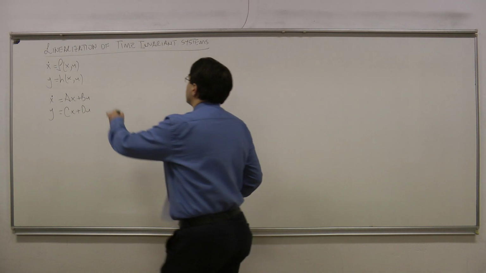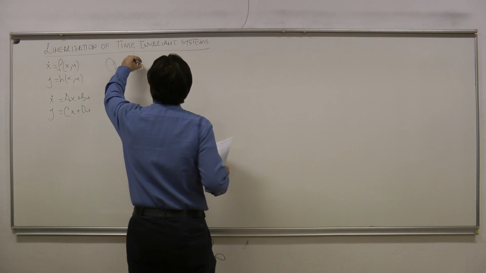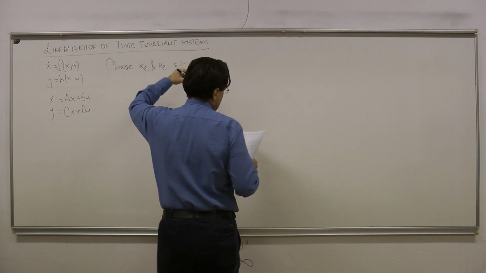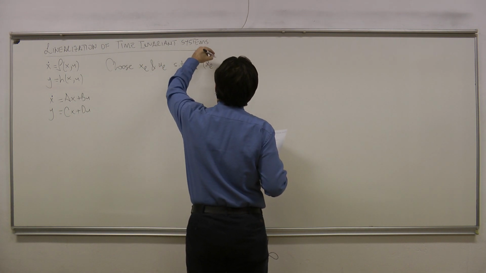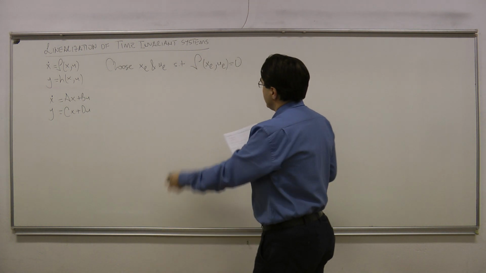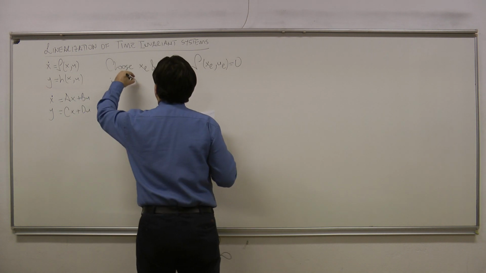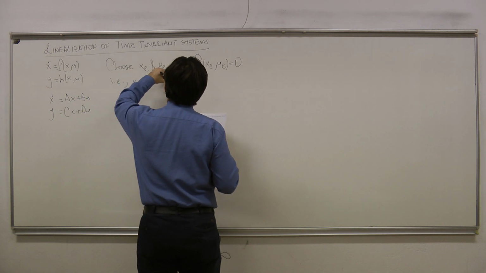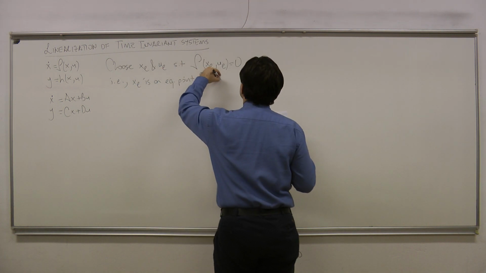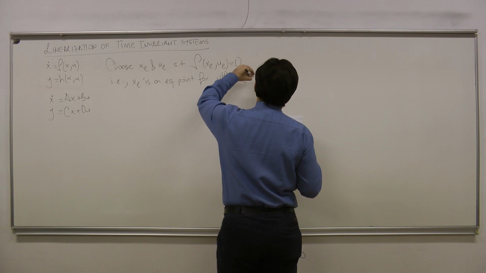So the first thing is going to choose xe and ue such that f of xe and ue is equal to 0. This means that xe is an equilibrium point for the constant input u of t equals ue.